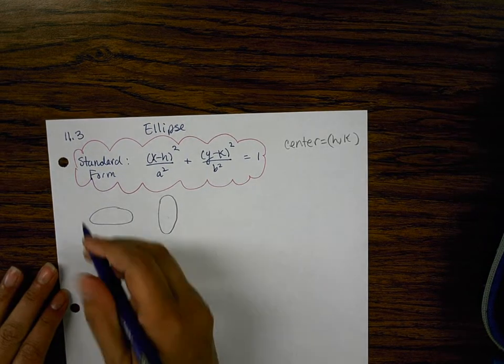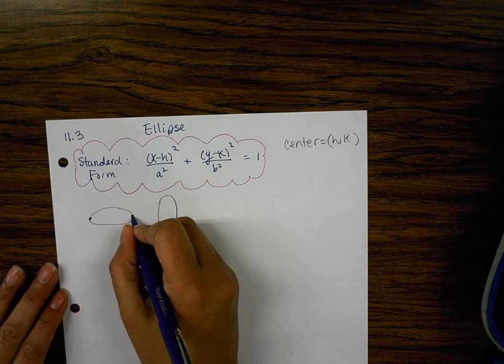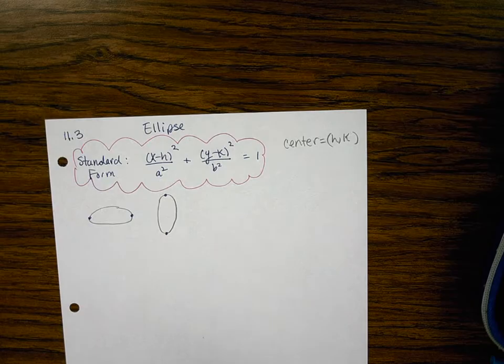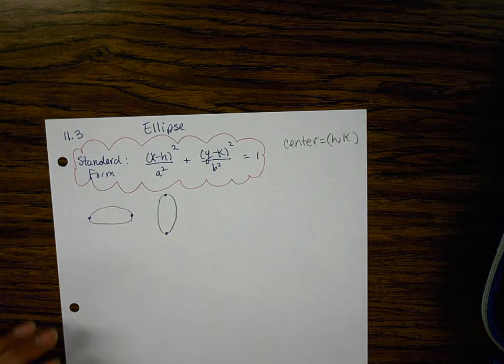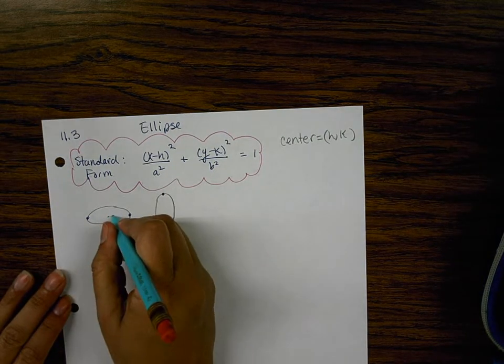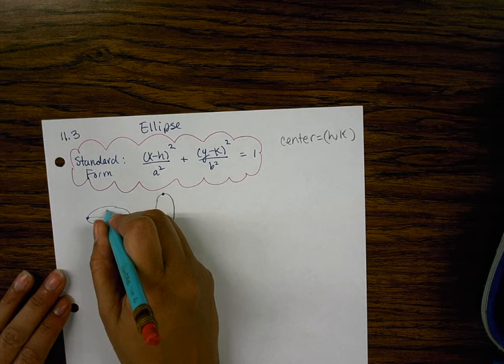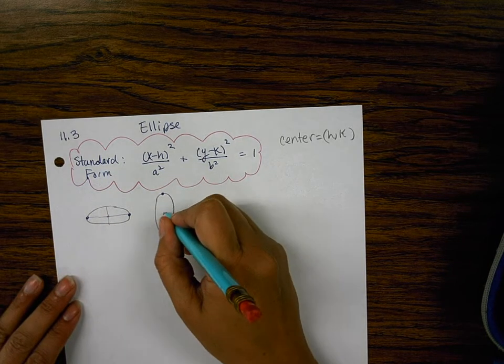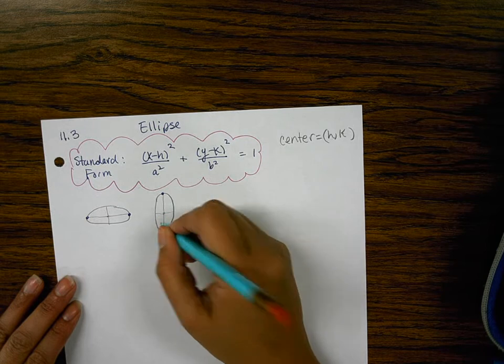Okay, what we need to know about vertices. Vertices are always on the major axis. So your vertices could be running right and left, or up and down. From your center, you would go right a distance, left a distance, up a distance, down a distance. We'll talk about that in a little bit.